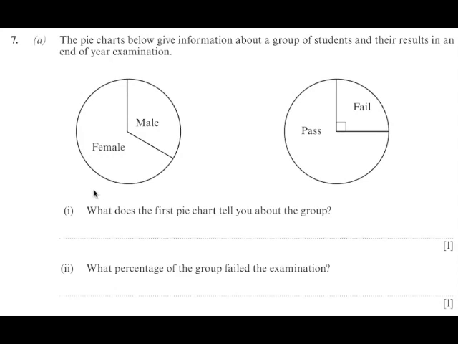With the information we're given here, we can't accurately tell what proportion is female and what proportion is male. But we could roughly guess that about 2/3 is female and 1/3 male. So we can actually say that, but we'll say "about" because we can't accurately say.